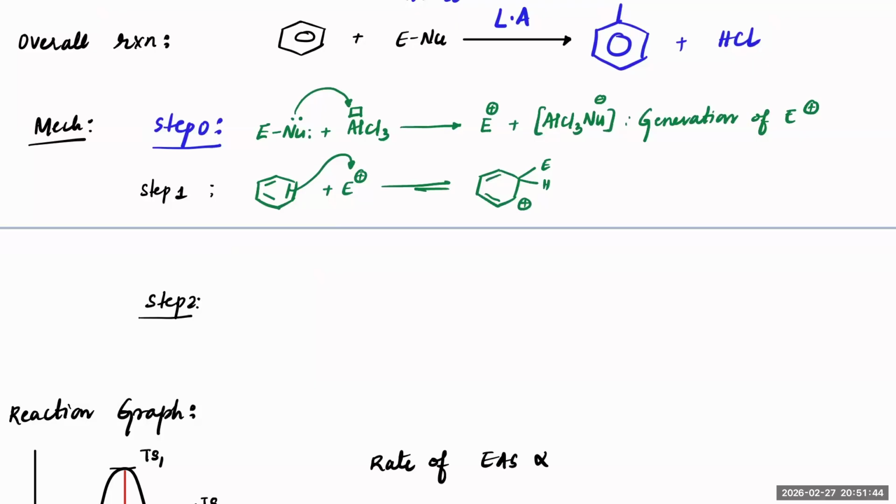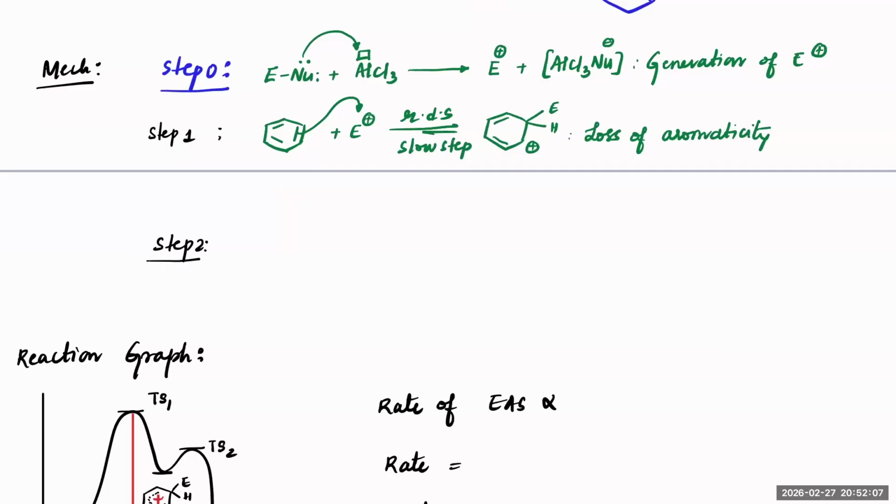So you will get this intermediate which has a loss of aromaticity. There is no aromaticity now. If there is any loss of aromaticity, the ability to push in this direction will be very slow. That's why this is the rate determining step, or the slow step, of the reaction.